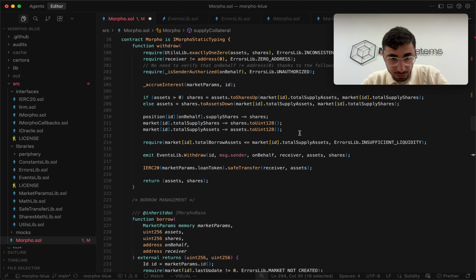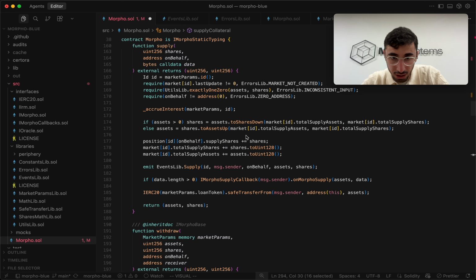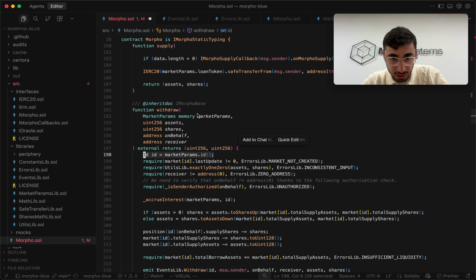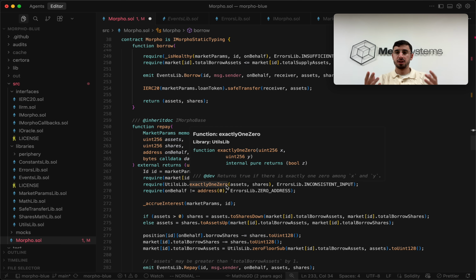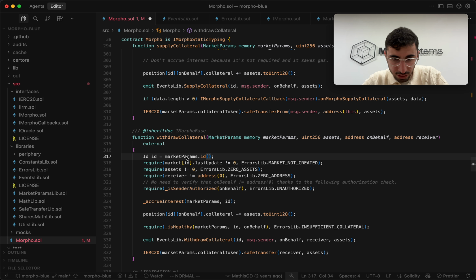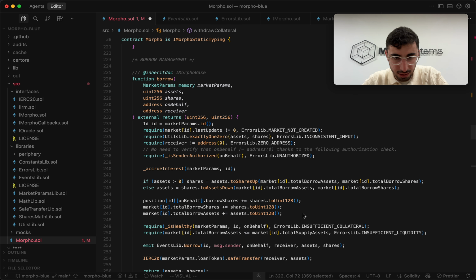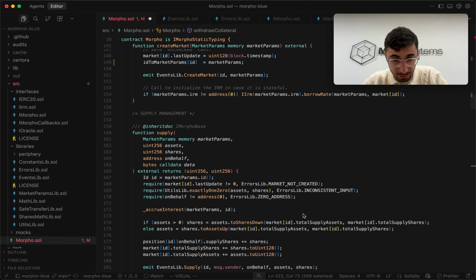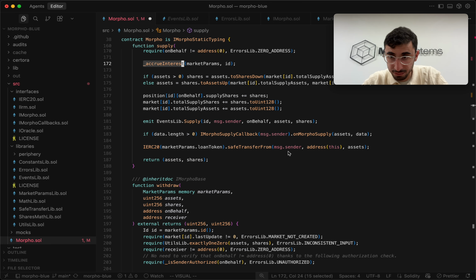What I like about these functions is they are very symmetrical. First of all, you always have the market params ID calculation. It's nice to read symmetrical code. Then you have a bunch of requires, and they do that for every function, which is great. After the requires, you have the accrue interest.